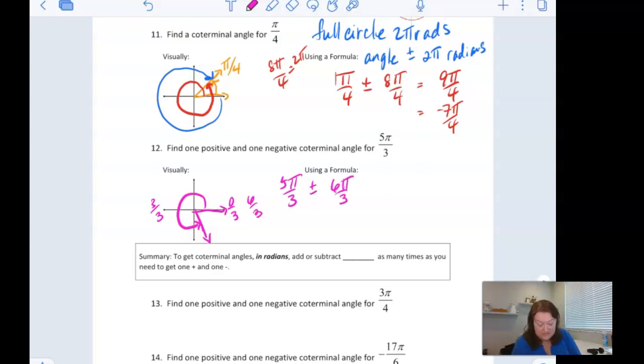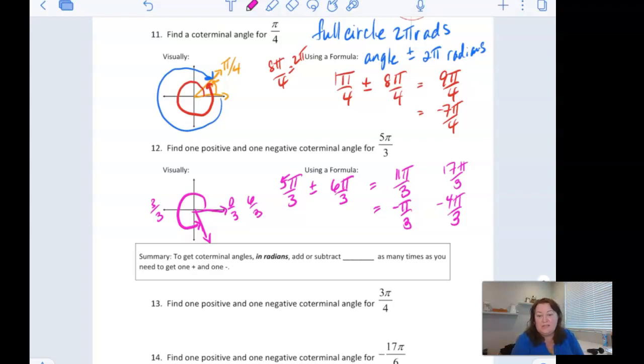Just twice as much on top. So one of the coterminals could be 11 pi over 3. Another one could be subtract, negative pi over 3 would get me to the same place. And I could even add another 6 pi to it and get 17 over 3. I could subtract another, I could get negative 4 over 3, and all it would do is increase the number of loops or the direction of the loop.